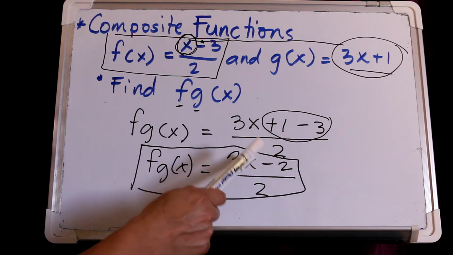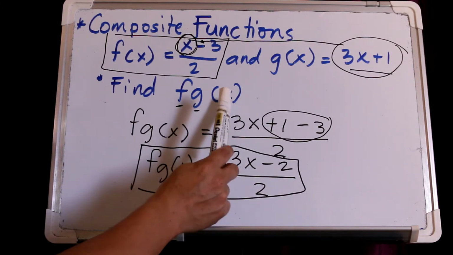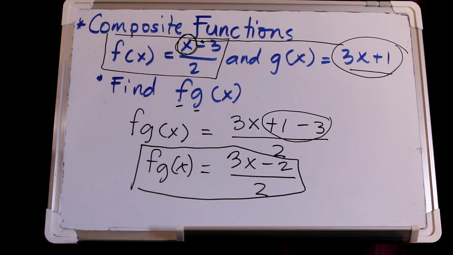In some questions, x might be given a number, so that it will not complicate your answer. Make your composite function simple. Is that clear?